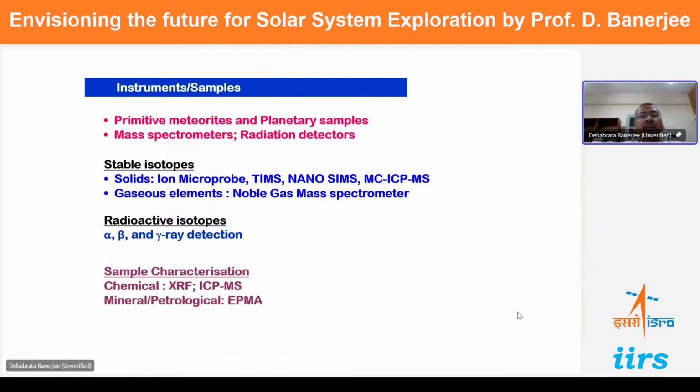And then you have gaseous elements, the noble gas mass spectrometer. For isotopes, let me come to elemental characterization, elemental composition. You can have X-ray fluorescence, ICP-MS, and then EPMA, the electron probe analyzer.